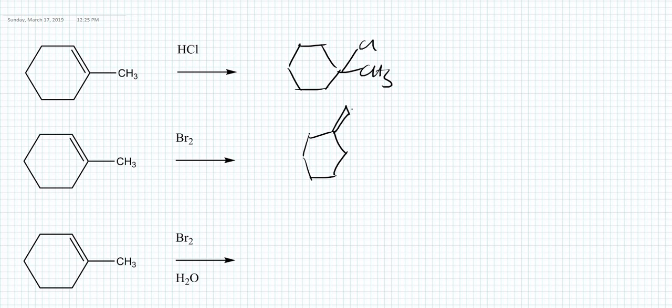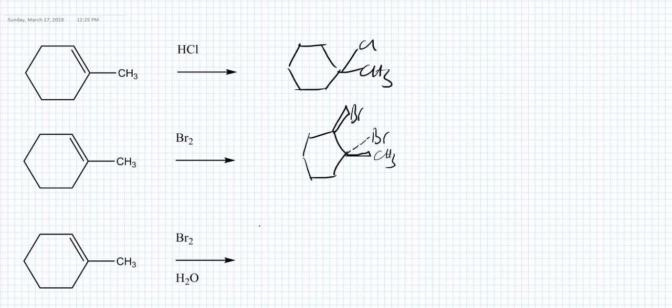Let's say that this Br will be added on the out of paper plane, and the other bromine has to be added as dash or going inside the paper plane, and we have to add here methyl group. If Br is dash here, methyl group has to be drawn as wedge. So this is our major product. So we got 1,2 dihalide product.